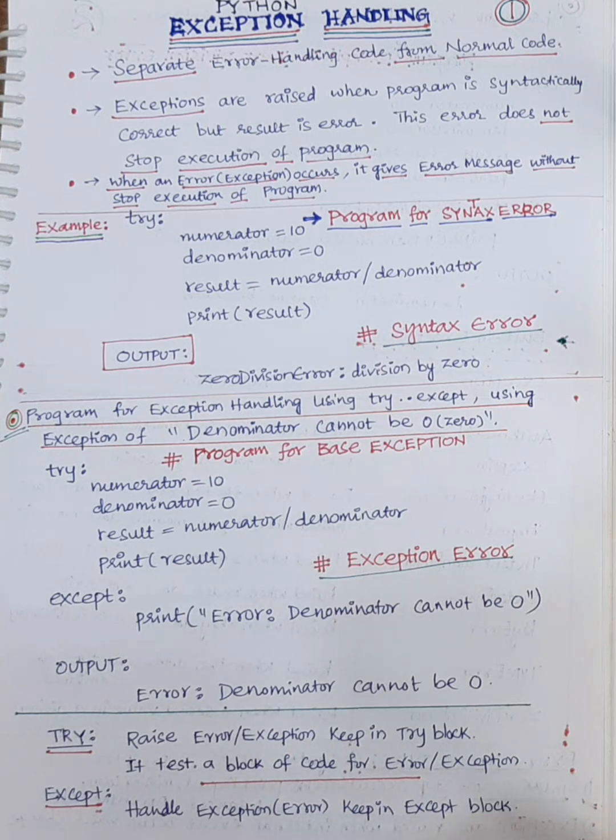Here syntax errors will stop the program execution, whereas in the case of exception error, it will not stop execution of the program. Without stopping the execution of the program, the flow will be there in this exception handling.